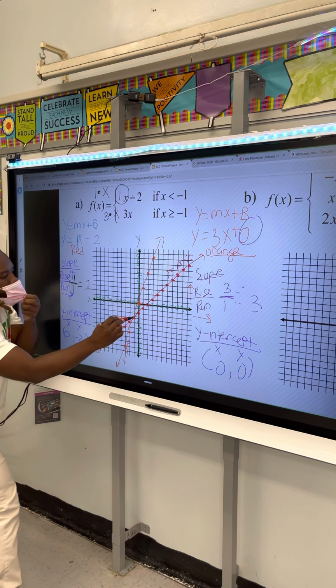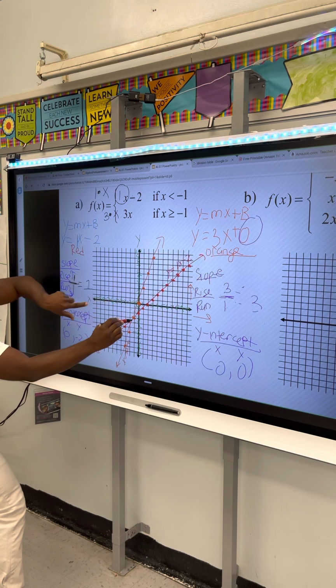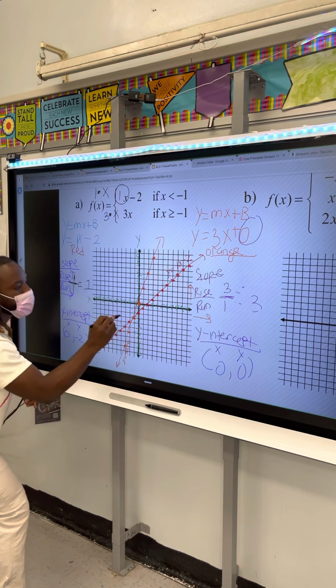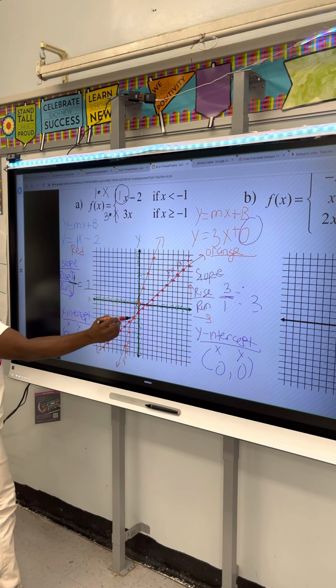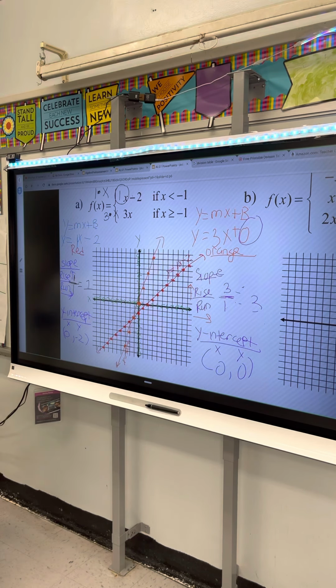The left. So everything at -1 and to the left, I'm going to highlight. Is it open or closed? Open. If it's less than or greater than, it's open. If it's less than or equal to, or greater than or equal to, it's closed.